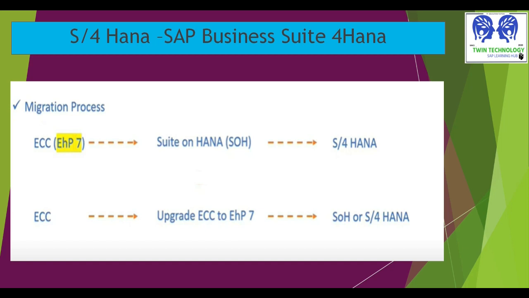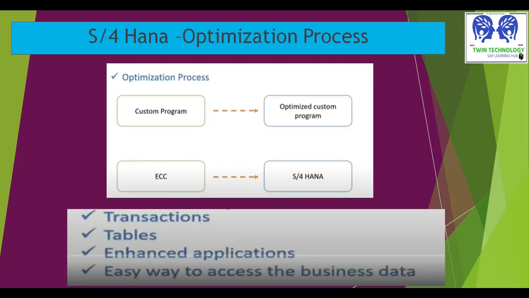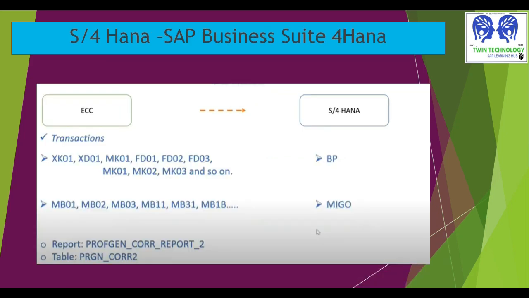But S4 HANA is nothing but both the screen and our database change in the migration process. So for example, based on the transaction table, enhanced application, easy way to access the business scenario for this optimization process. For understanding, whatever transaction codes you used before, once migrated to S4 HANA, it is nothing but BP. When you enter BP, all the transaction codes are inbuilt, right?